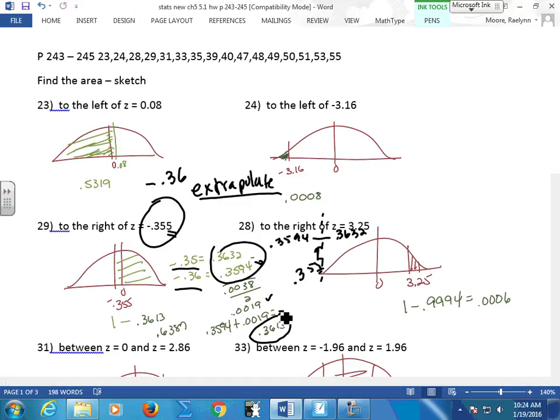Do your regular thing. We call that extrapolating. Your calculator will take care of that for you. To the right of this guy, we have a really small area. Anything over 3 is very unusual, which means it's a very small percentage, and again, we can see it's less than 1%.